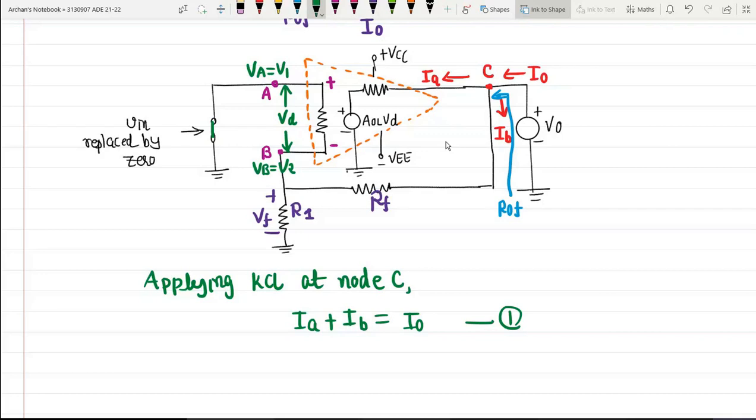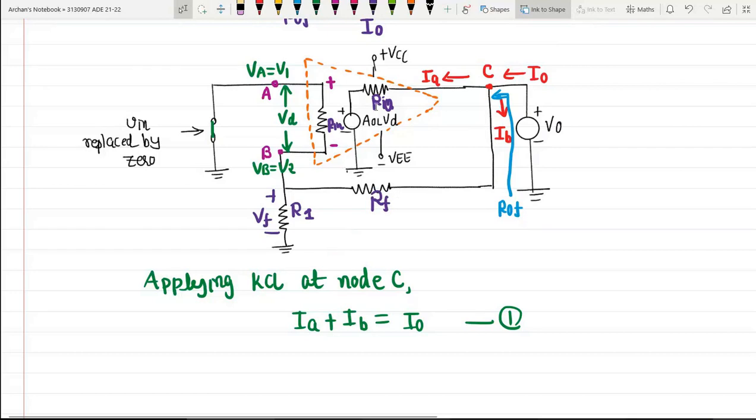Now I am talking about these resistances. Sorry, this is my R out, R0. Here is Rin. This resistance Rin is connected with the parallel combination of R1 and RF, so this combined resistance of the input side will be very large compared to the output resistance.